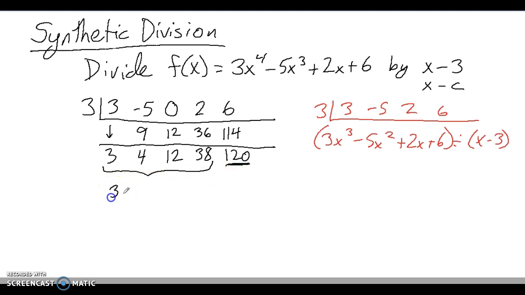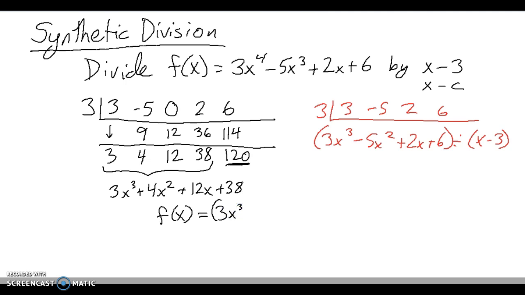And this polynomial would be 3x cubed plus 4x squared plus 12x plus 38. And if we are to write this in that division algorithm form, we get that our original f of x is equal to 3x cubed.